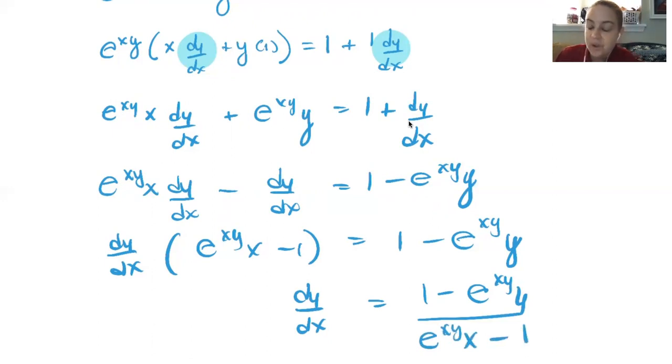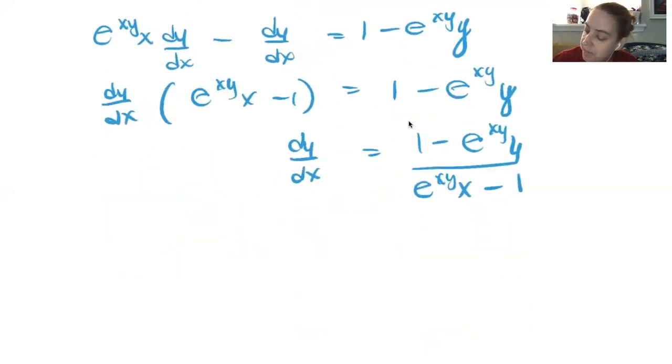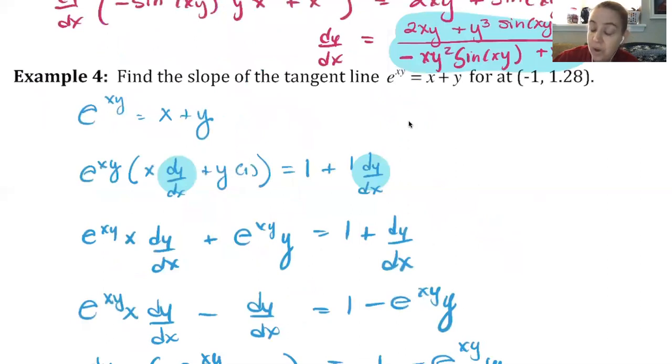That's a mouthful. So that's the derivative, but in order to get the slope of the tangent line, we actually have to substitute -1 and 1.28.